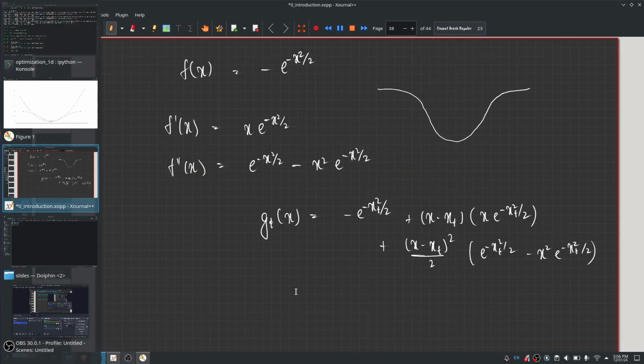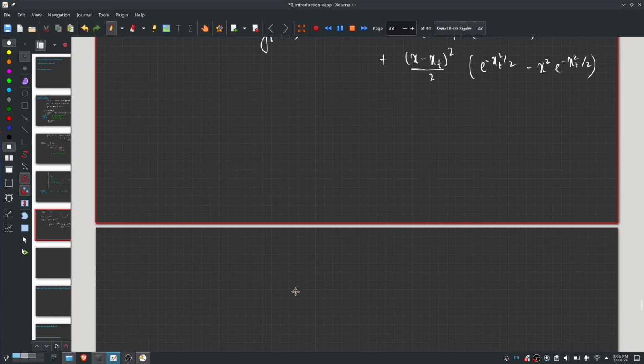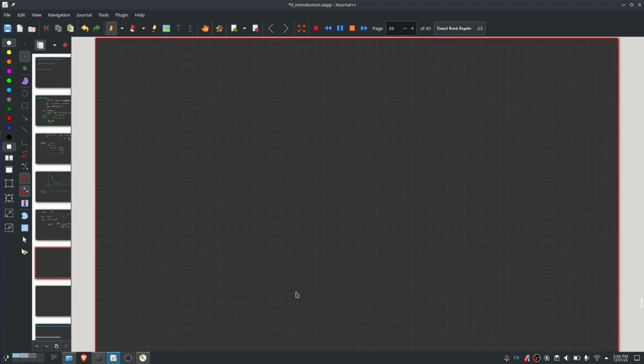So maybe just to illustrate, perhaps this is what my function looks like. You start with some particular point. This is my x_t. I look at the quadratic around that particular point, right? So maybe this is the quadratic, and this would be the point of minimum.